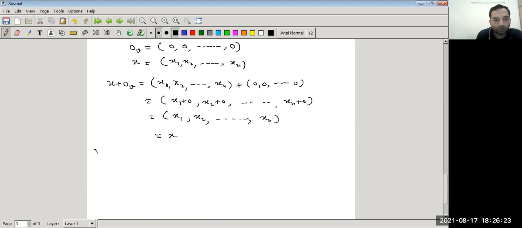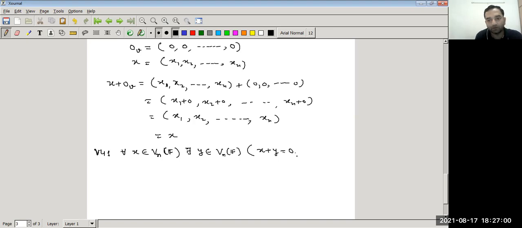Now the fourth property, V4. What is the fourth property? We can take: for all x belonging to the vector space, there exists y belonging to the vector space such that x plus y is equal to 0.